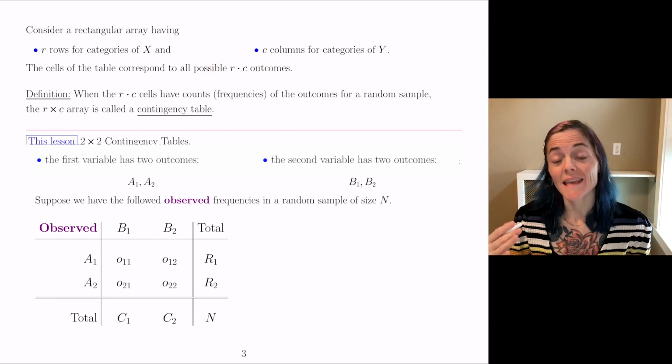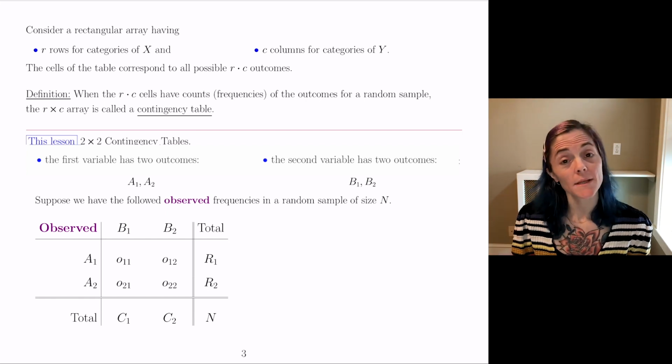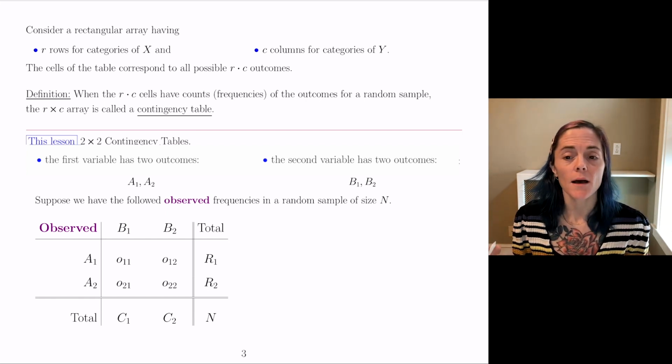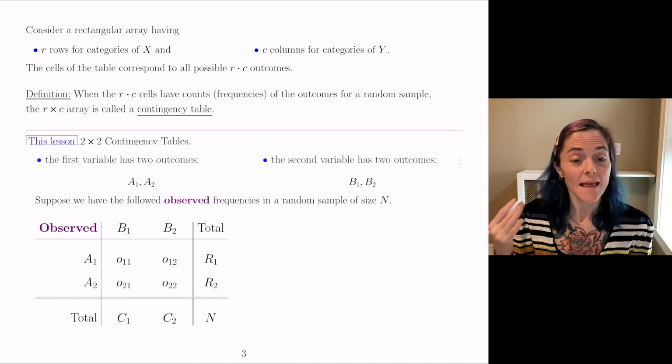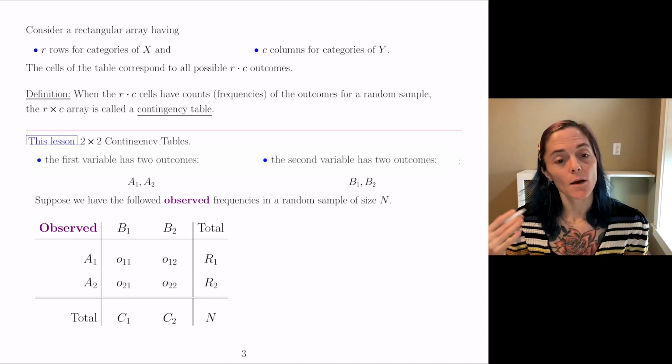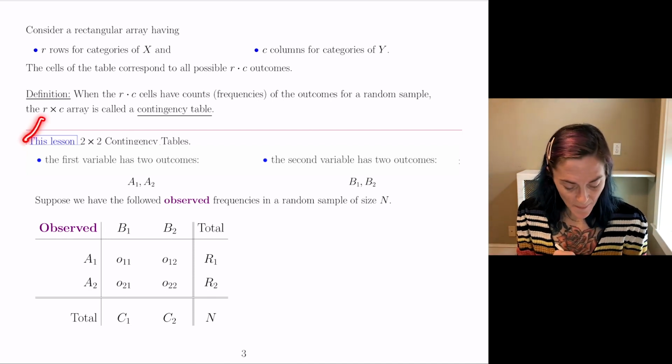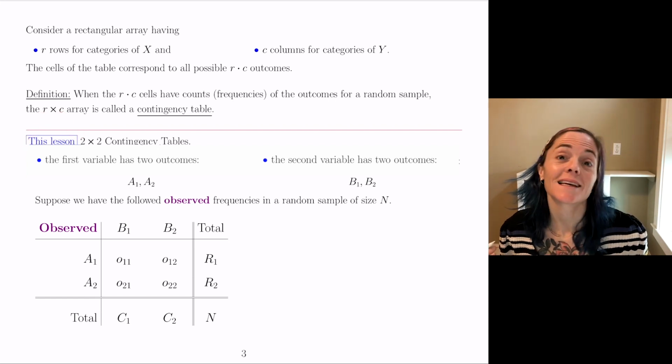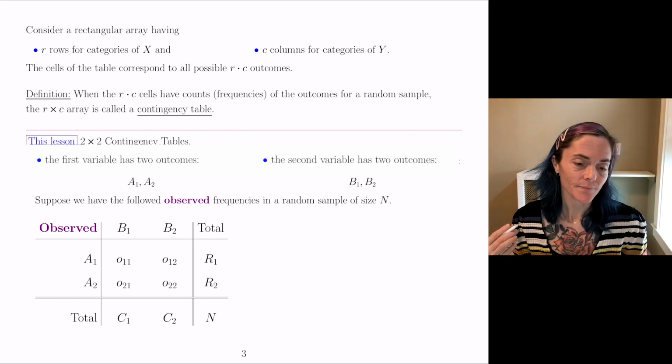So when the cells have frequencies or counts of the outcomes for a random sample, this R by C array, or rows by columns, is called a contingency table.